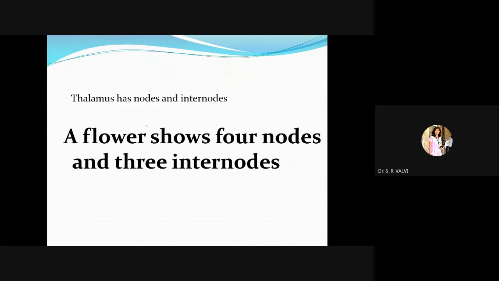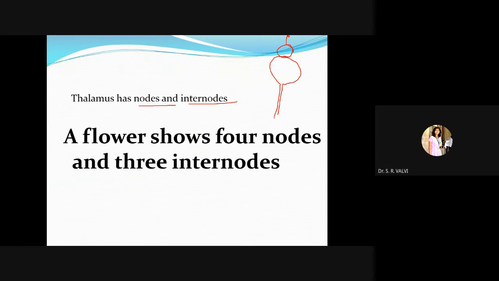Now, thalamus has nodes and internodes. So thalamus is nothing but what? This is the swollen portion of the tip of the pedicel, right? And on it our flower arises, right? So suppose this is the ovary, then style and the stigma, right?